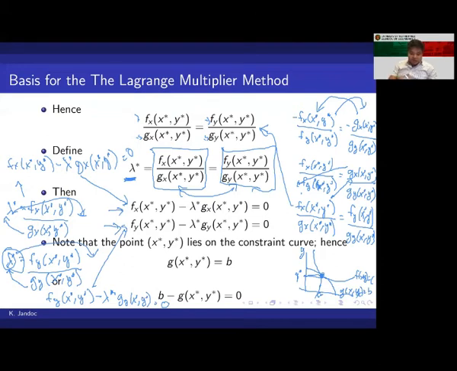If you plug in x*, y* to g, it should equal b, because it's on the curve. So moving things around, if you move g here, you have b minus g(x*, y*), which is equal to 0. Okay, so that's how you get these three conditions over here.